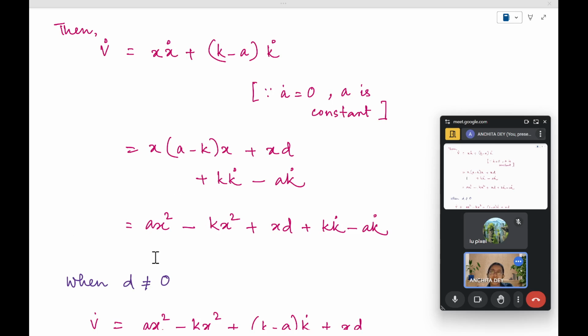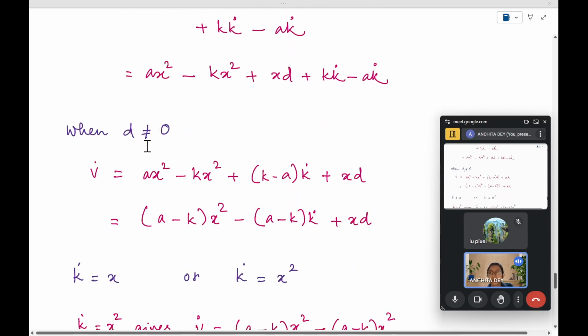Now for this V dot expression, let's see what we can do. You can see there is a here with x square and k with x square, and similarly, we again have a k dot and then minus a k dot. So it seems like there is a chance to handle this unknown parameter a in a certain way.